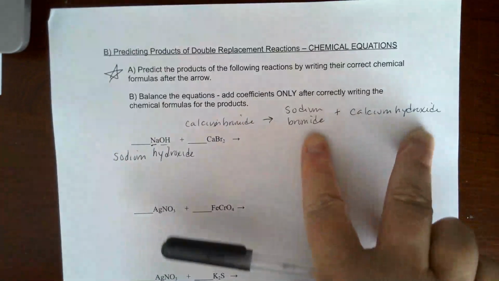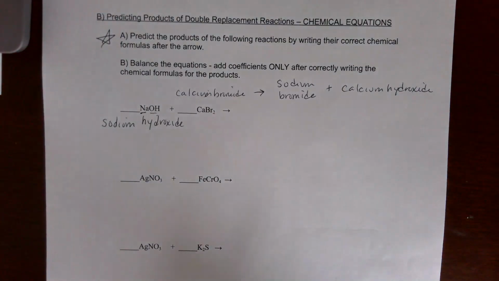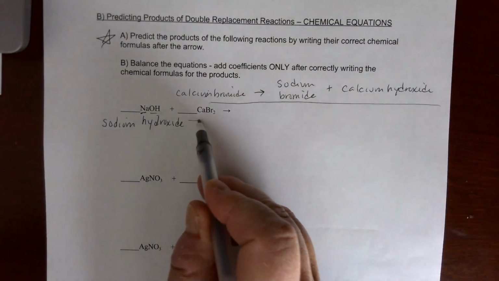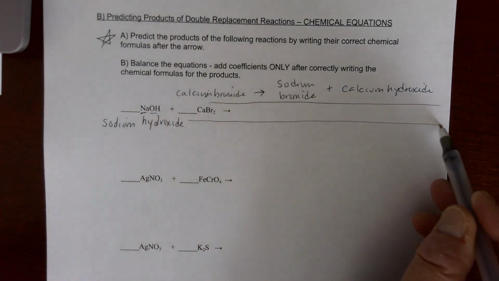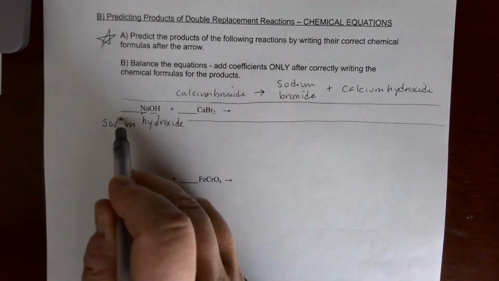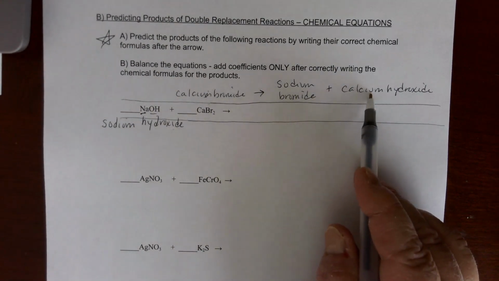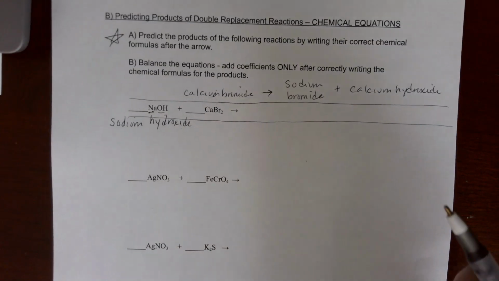Okay, so now that we know the names of our products, let's leave ourselves some room here. I didn't do this very thoughtfully, right? We want to make sure that we're protecting our chemical equation here. So we're doing kind of scratch work above it and below it.